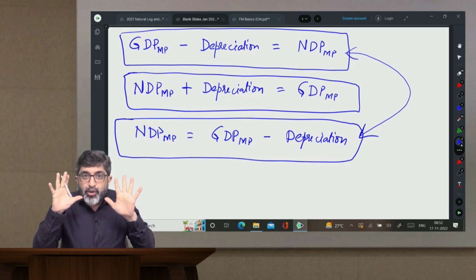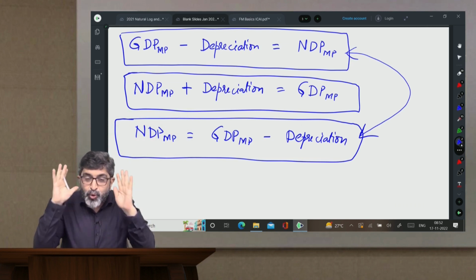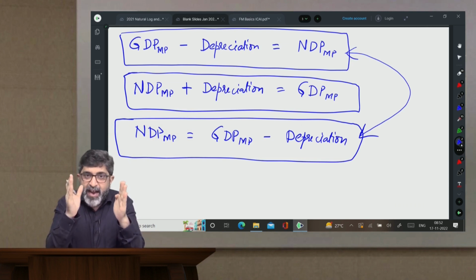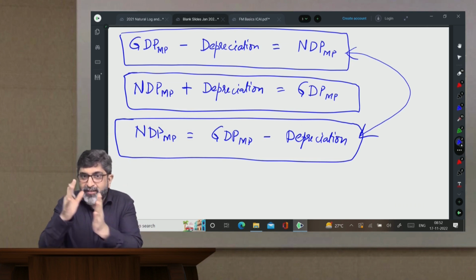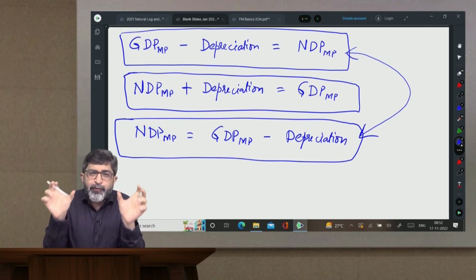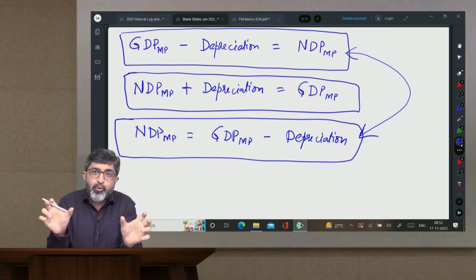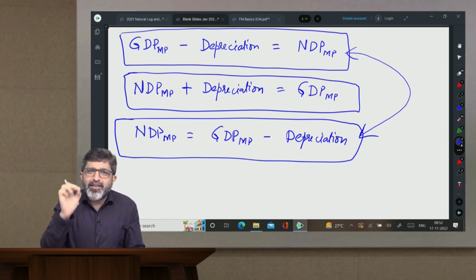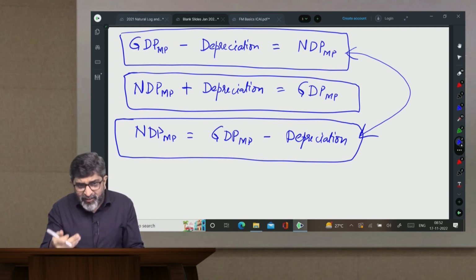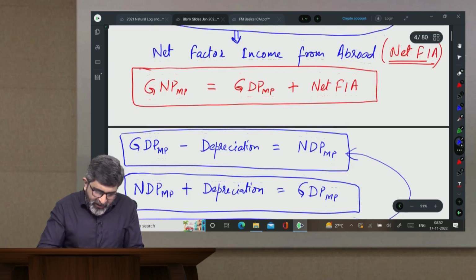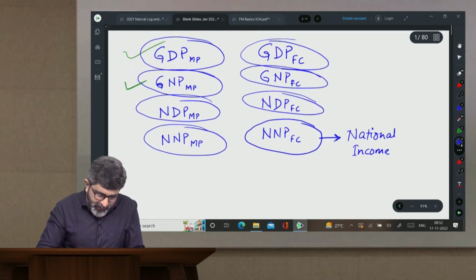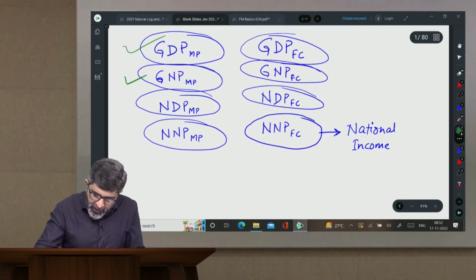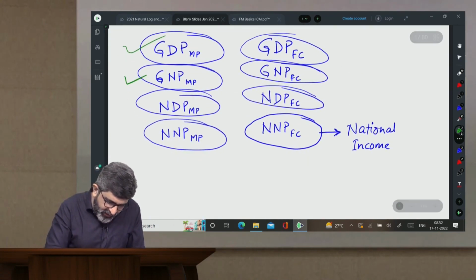The point is, your vision should be set on these two parameters, GDP at market price and NDP at market price. The only differentiating factor between these two parameters is the depreciation. If you have written this along with me already, in that case, we can go back and put a tick mark over here that we are clear with NDP at market price.